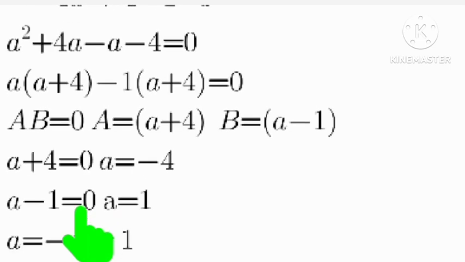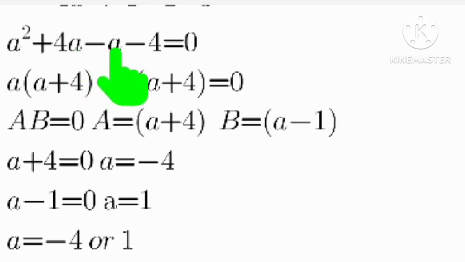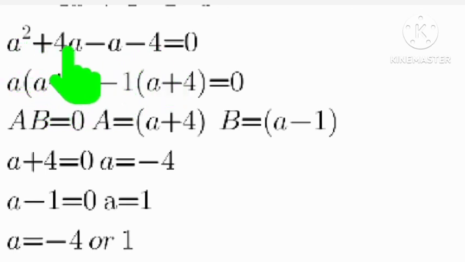After we've done that, what is the next thing? We need to look for anything that is common between a squared and 4a, and also anything that is common between a and 4. Let me explain. We are going to look for what is common between the first term and the second term, and also what is common between the third term and the fourth term.